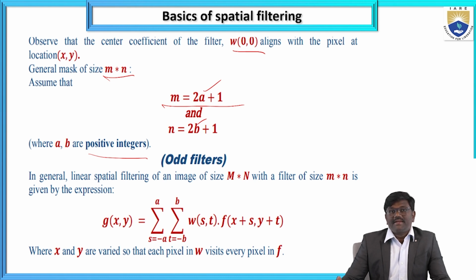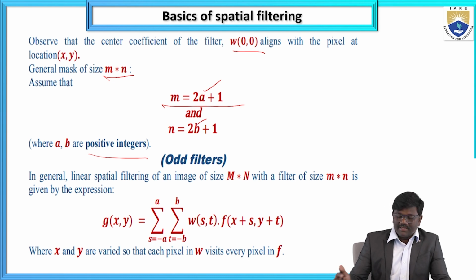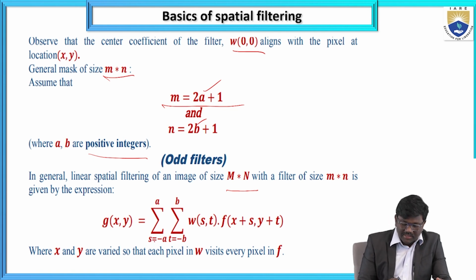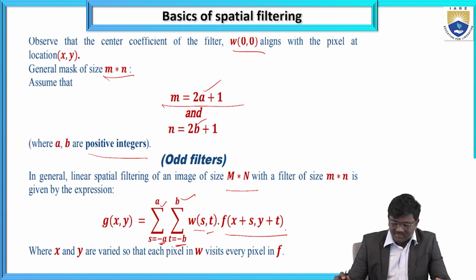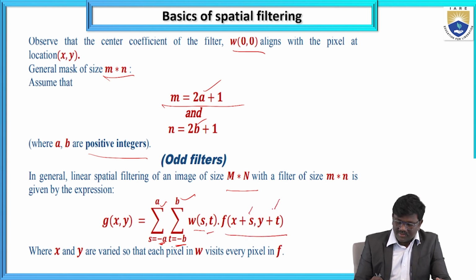Linear spatial filtering of an image of size capital M by capital N with a filter of size m by n is given by the expression g of x comma y equals the summation for s from minus a to a and t from minus b to b of w of s comma t times f of x plus s comma y plus t.